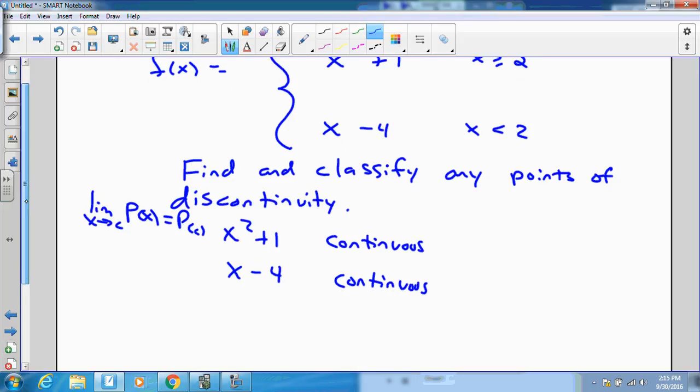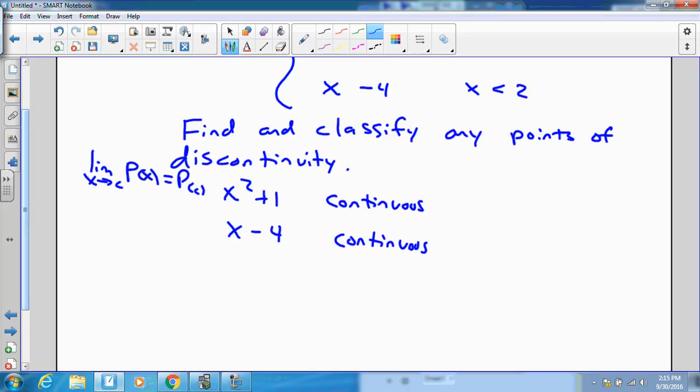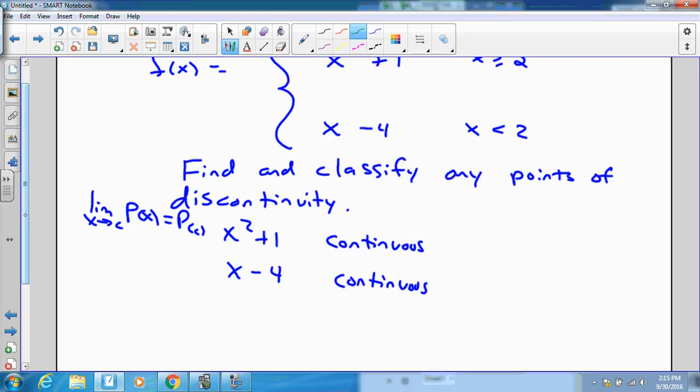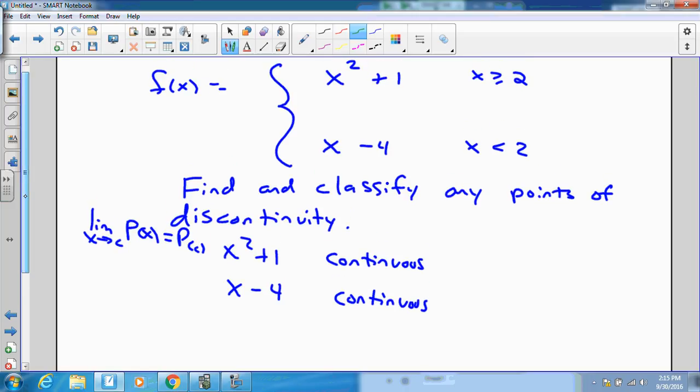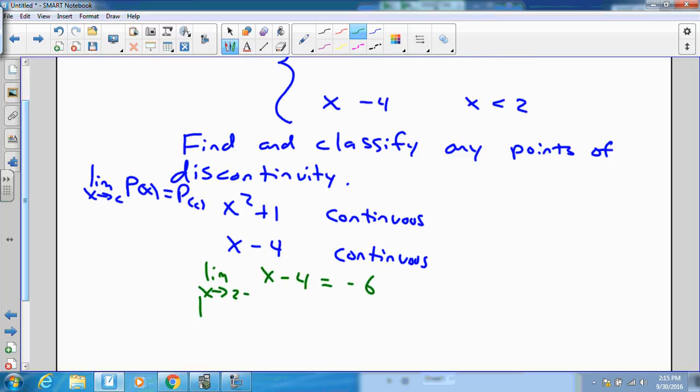Now we consider the joint where the 2 pieces come together. And we need to consider whether or not this function right here has any type of discontinuity. So we need to look at the limit as x goes to 2. But that means we need to look at limits from left and right. And when I look at the limit from the left, I get -6.